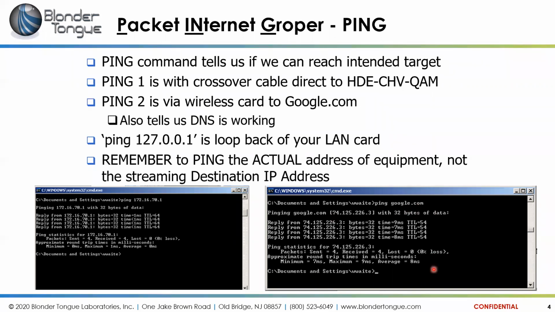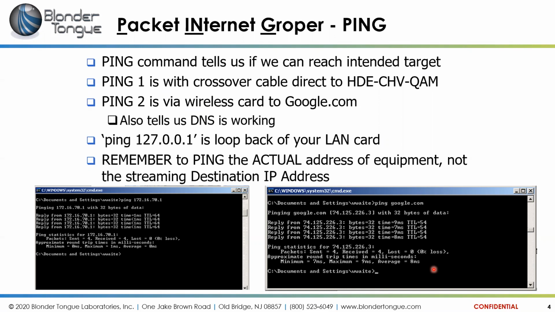Now, this is all well and good, but these are just sample pings. If you're working on an IPTV network, you primarily want to ping your encoders and your other devices on your local area network.